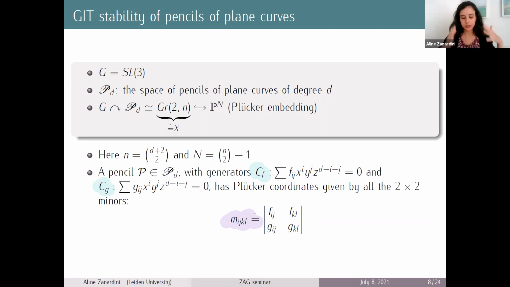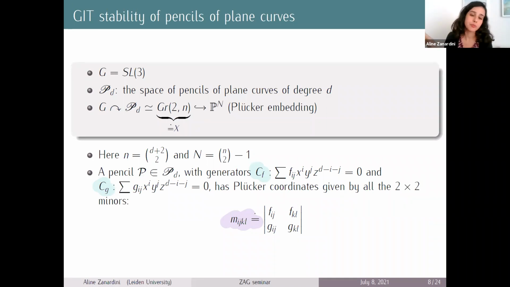Remember, I'm interested in classifying pencils of plane curves up to projective equivalence. The reason for this reduction of the group is just because SL3 and PGL3 act with the same orbits. So G is SL3, and X is the space of pencils of plane curves of degree D, which I'm going to identify with the Grassmannian of lines in the space of all curves of degree D.